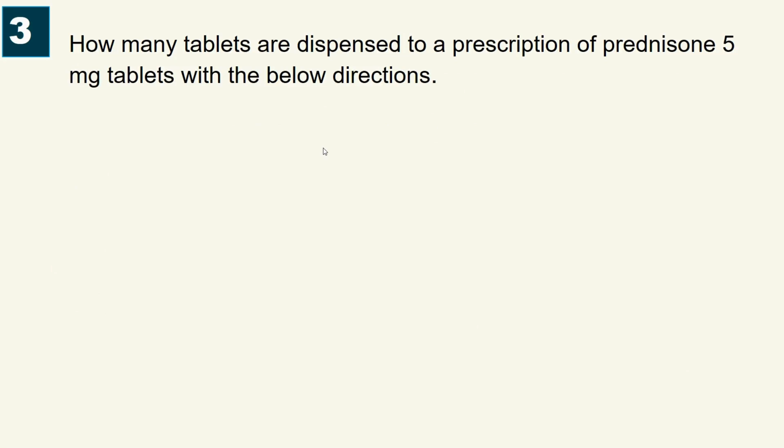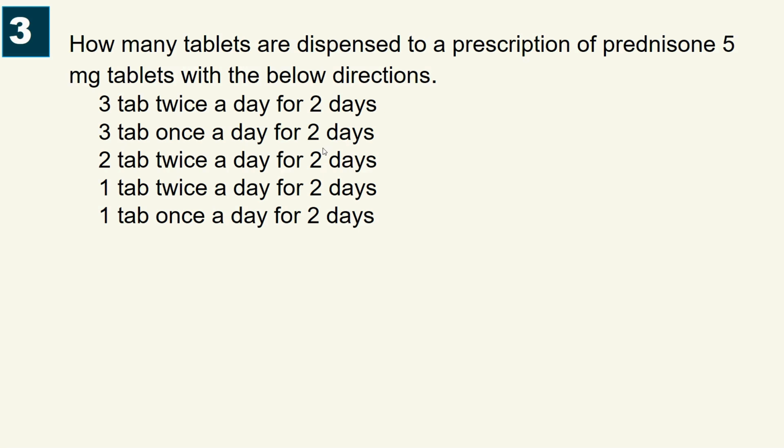Next, how many tablets are dispensed for a prescription of prednisone 5 milligram tablets with the below directions? 3 tablets twice a day for 2 days, 3 tablets once a day, 2 tablets twice a day, and 1 tablet twice a day for 2 days, and 1 tablet once a day for 2 days.